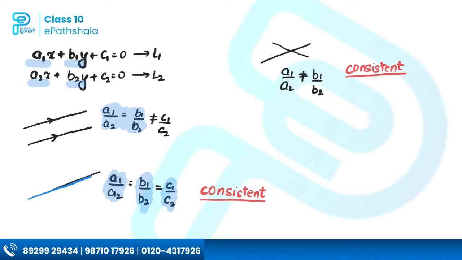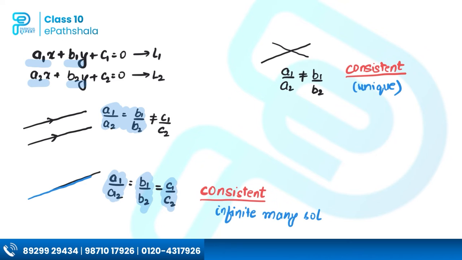Like in this case, we are getting a unique solution. Here we are getting infinitely many solutions. Therefore, we will call these two systems consistent.